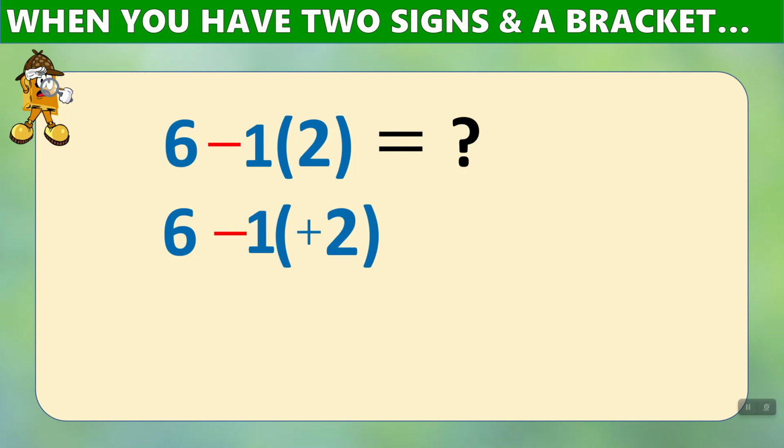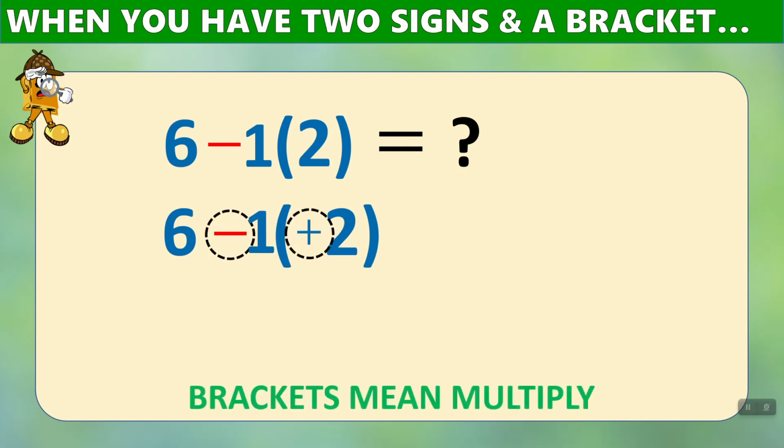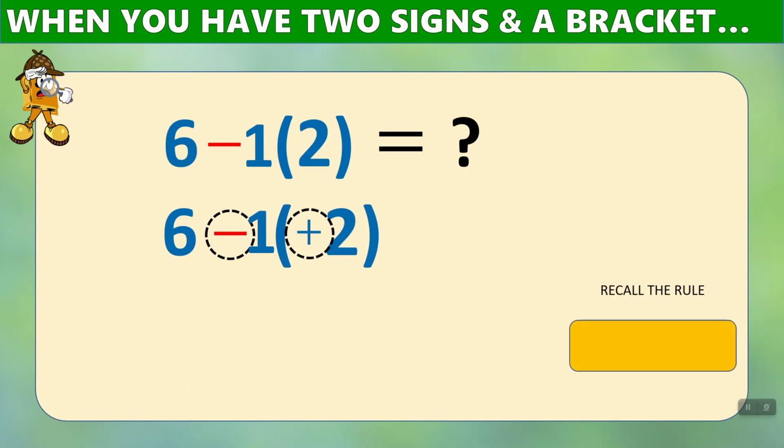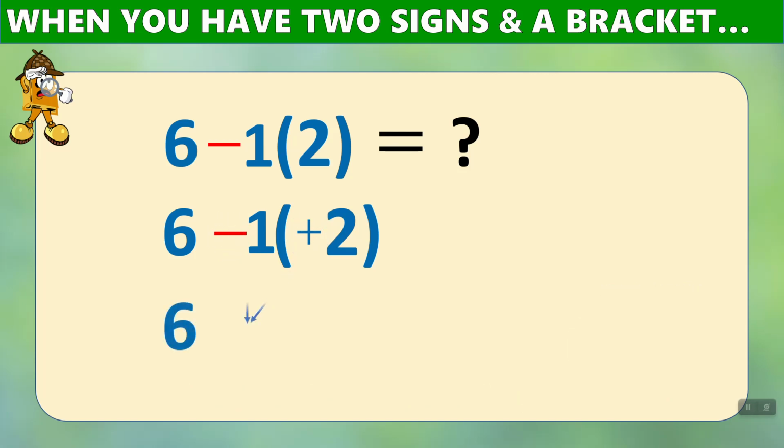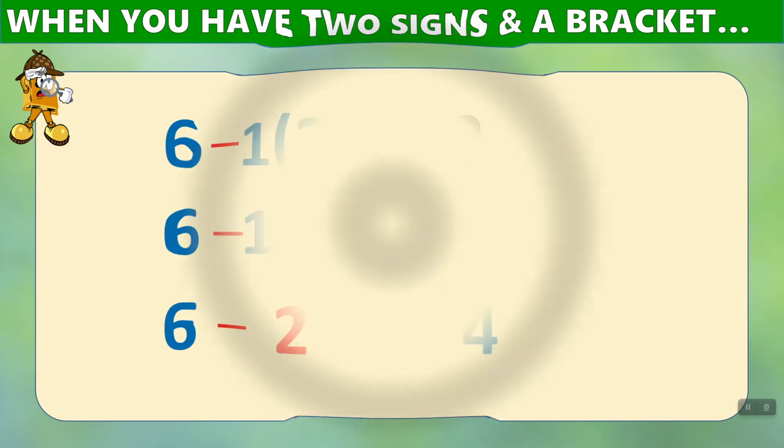We have a minus 1 and a positive 2, and we need to multiply them. So we know minus 1 multiplied by a positive 2, if we recall the rule, negative times positive, the answer is negative. So negative 1 times a positive 2, if we rewrite that, we get negative 2. And so now we have 6 minus 2, which equals 4.